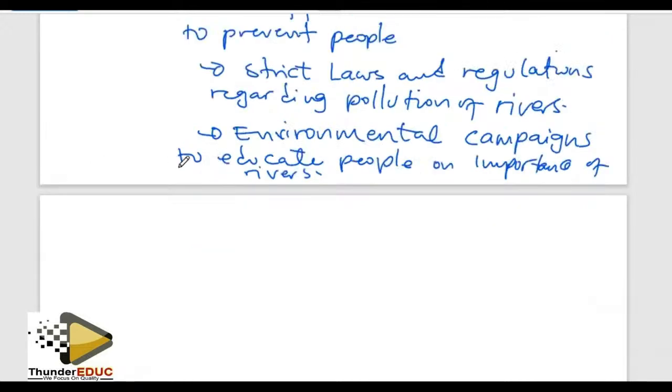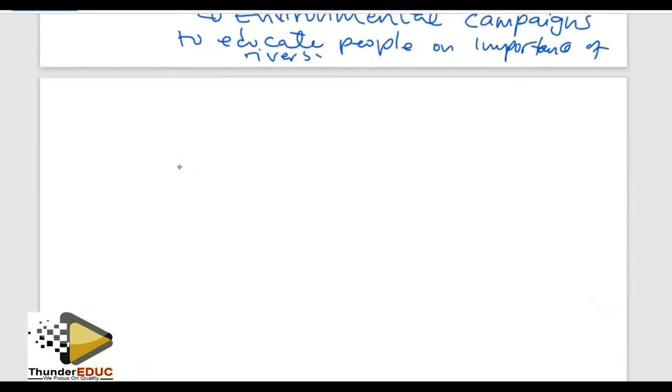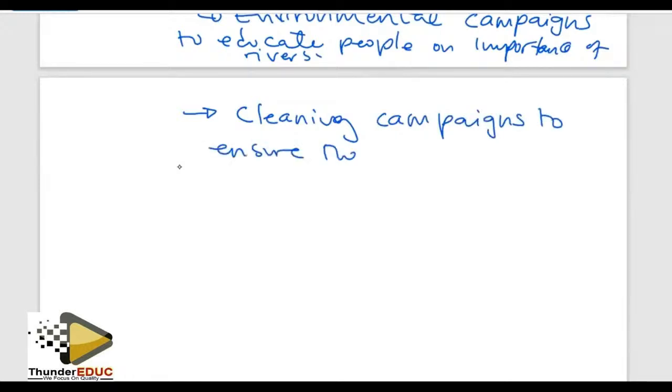Also, talk about cleaning campaigns to ensure that rivers are still safe.